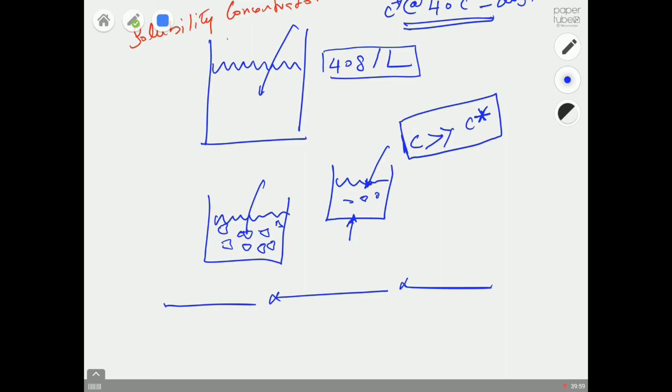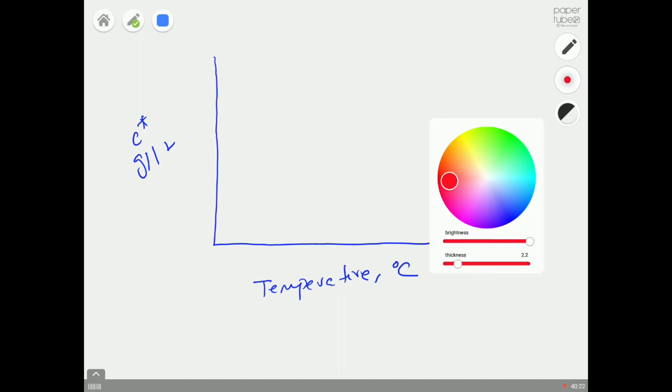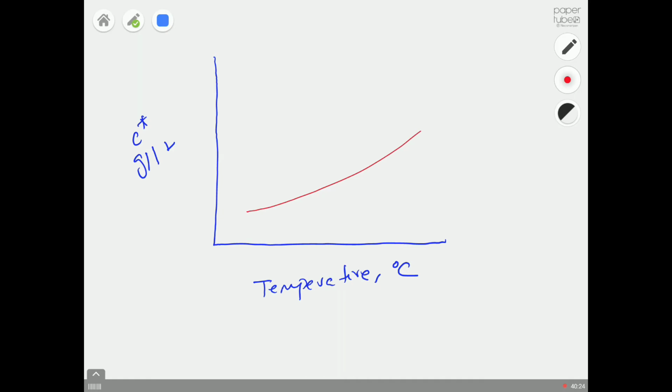So how do we create a supersaturated solution? Let's plot the solubility curve again. Temperature in degrees centigrade, and your solubility concentration expressed in grams per liter. Let's draw some line. Let's call this your solubility line.